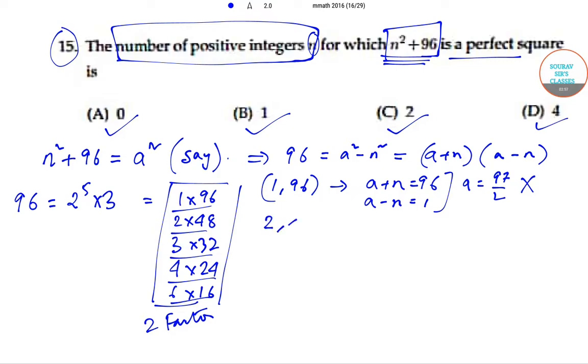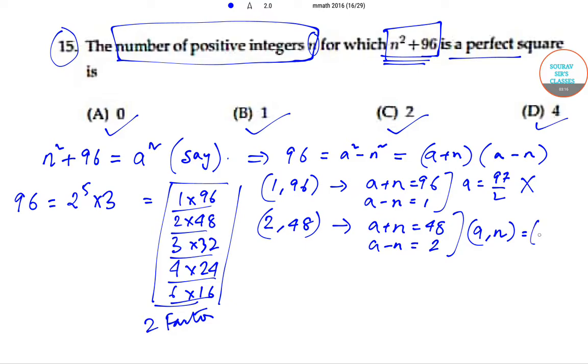Now if we take 2 by 48, in that case if we take a plus n is equal to 48 and a minus n is equal to 2, in that case we'll find out that a comma n will be equal to 25 and 23.